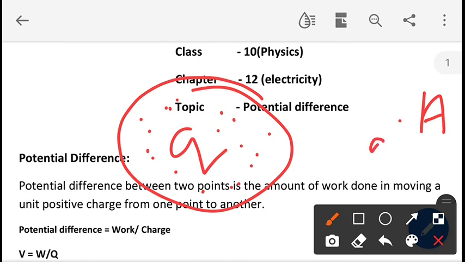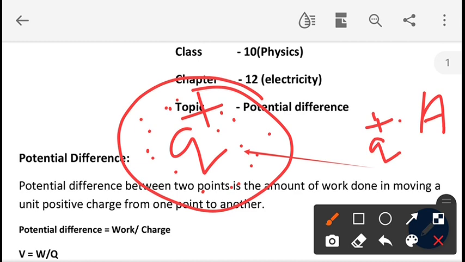Suppose I have another positive charge, Q, and I am bringing it towards the region of influence of this charge. Then I have to do work, in the same way as in the case of the magnet. In this case, we have to overcome the repulsion, because this is also a positive charge, and we have to do some work.